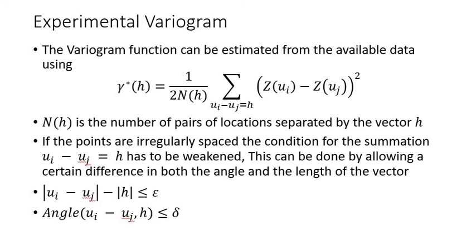If the points are irregularly spaced, the condition of the vector is weakened. Life becomes easy when these points are regular in terms of spacing, but in real life, these points are irregularly spaced.